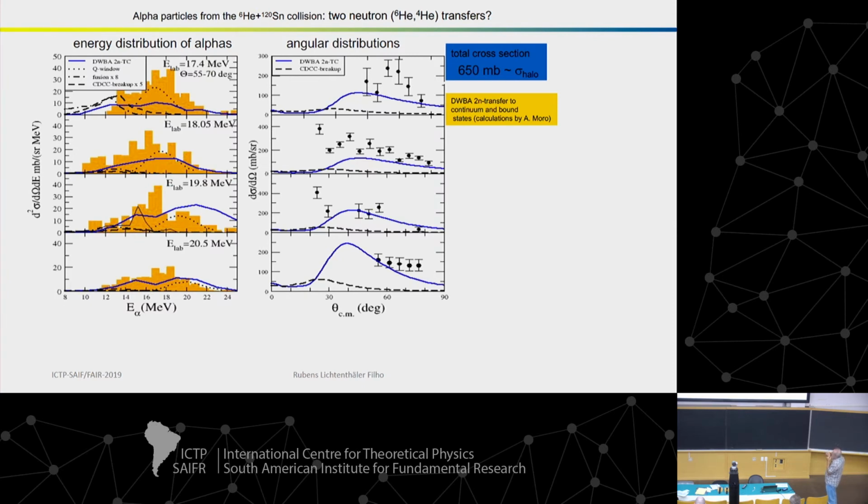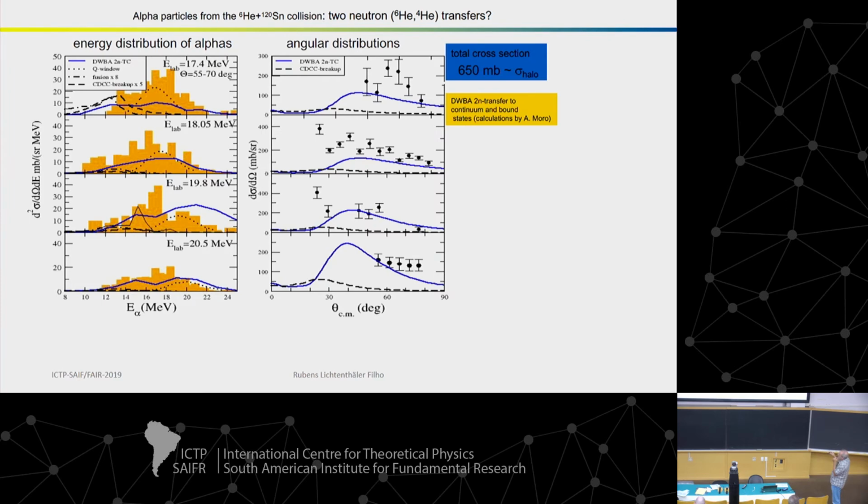However, the transfer to continuum calculation reproduces very well, either in the energy or in the magnitude of the cross-section. Note that the CDCC has to be multiplied by 5 here. So the CDCC prediction is much smaller than what we are measuring, in fact. We measure many more alphas than predicted by CDCC.